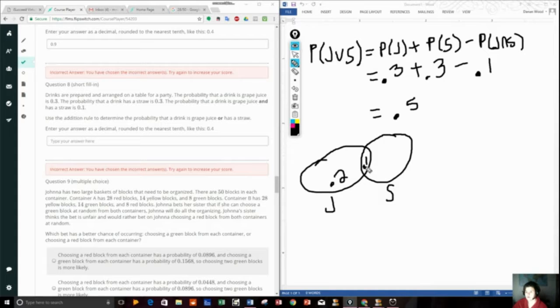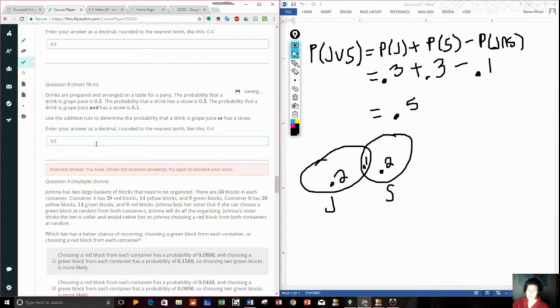Since there's already 0.1 right here, that means there's going to be 0.2 there. So for it being juice, 0.2 plus 0.1 is 0.3 plus 0.2 is 0.5. So either way we do it, it's going to be 0.5.